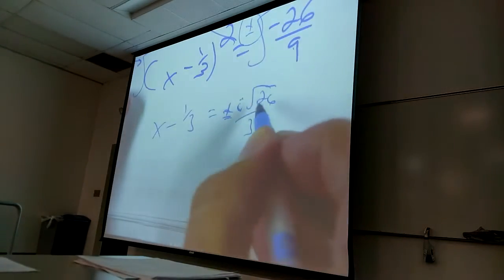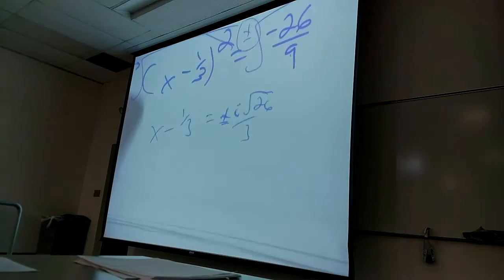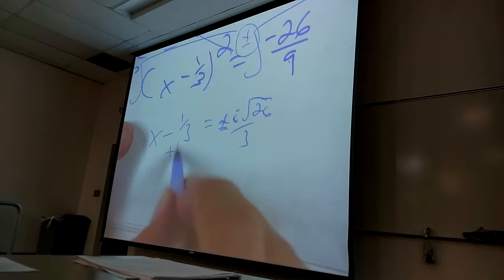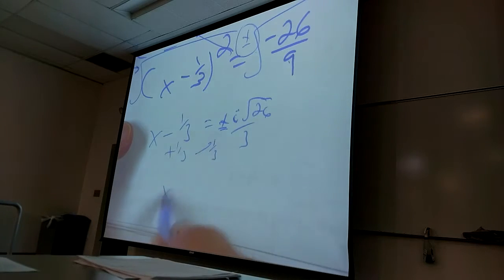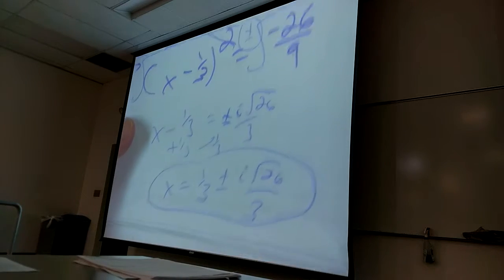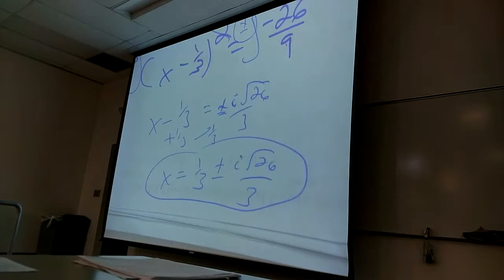Square root of 26, I don't know. Square root of negative 1 is i. And then one last step. Yeah, add the 1/3 in there, and you get x equals 1/3, give or take, i root 26 over 3. Wow. Cool. I like it. All right.